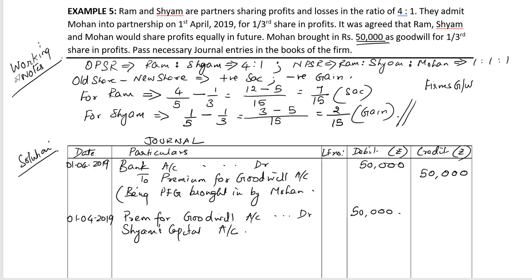Firm's goodwill is equal to, now we know that Mohan has brought in rupees 50,000 for 1/3 share in profits. Therefore, the firm's goodwill would be 50,000 into 3 divided by 1, which is equal to rupees 1,50,000.